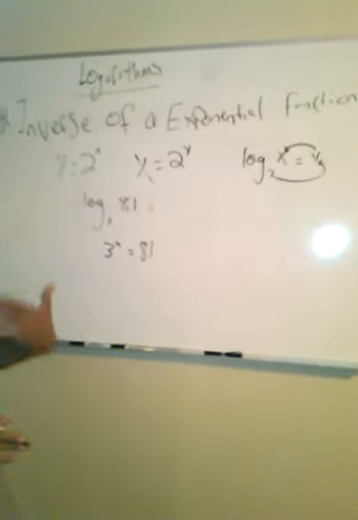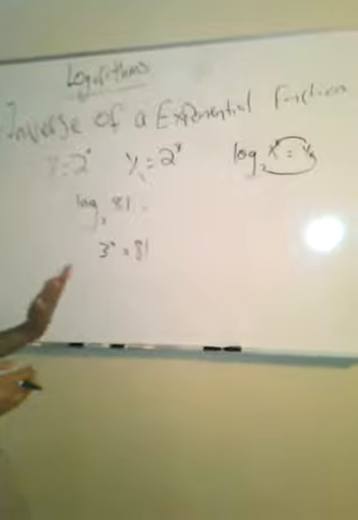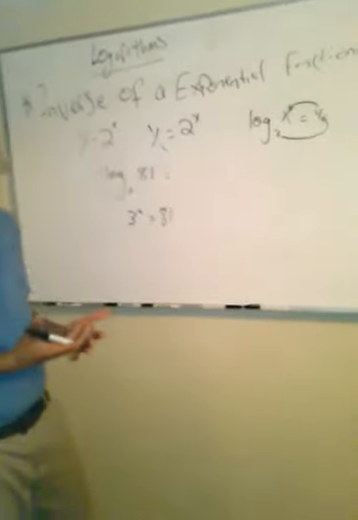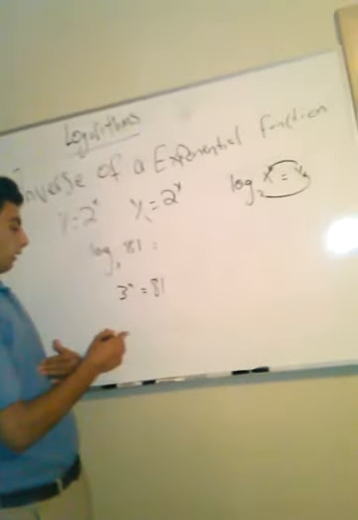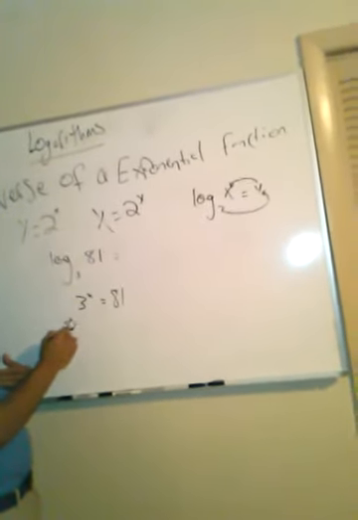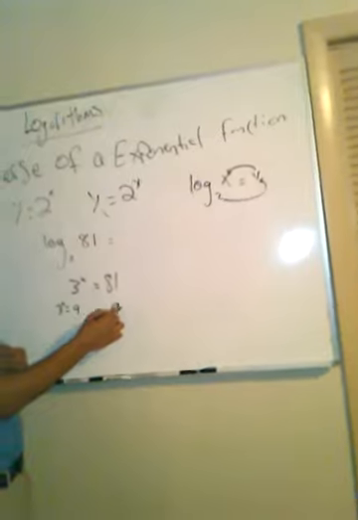So what do we raise 3 to in order to get 81? That's pretty simple if you think about it. We know that 3 squared equals 9, and 9 times 9 equals 81.